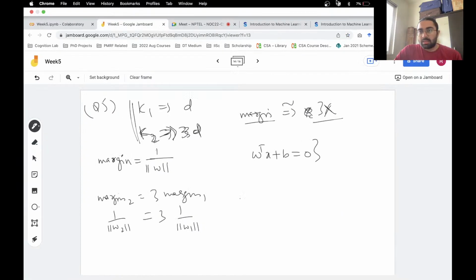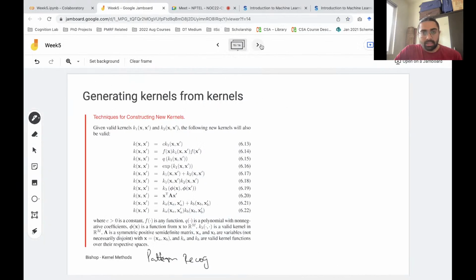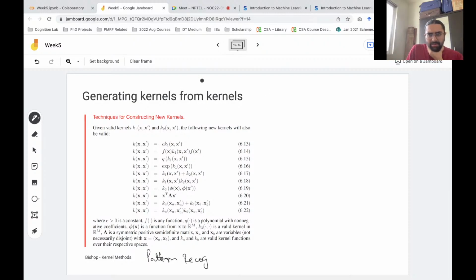Okay, so that's our time for today actually. Fine, so how do you verify if anything is a kernel or not? There are multiple ways to do it.